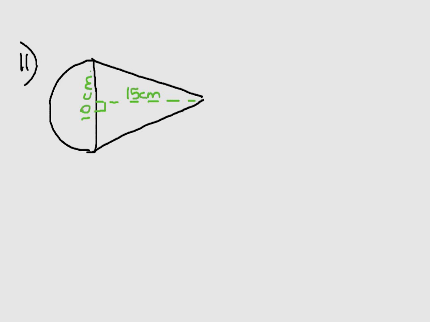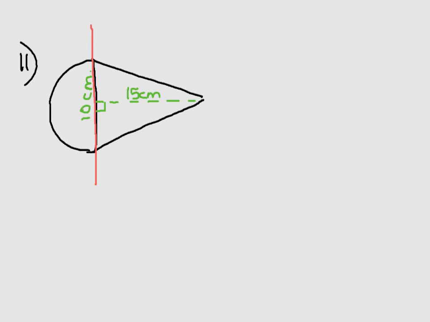What we want to find is the perimeter, or the distance around the figure. You need to divide this figure into two parts. You first have a semicircle, which I'll shade in light blue.